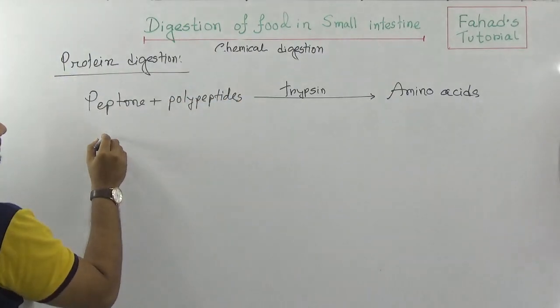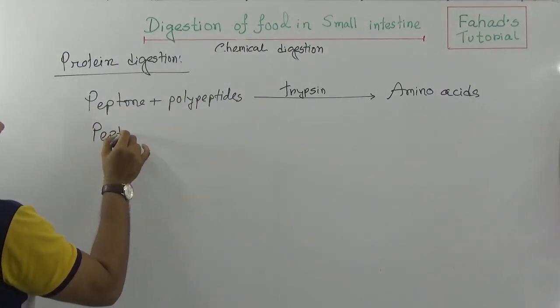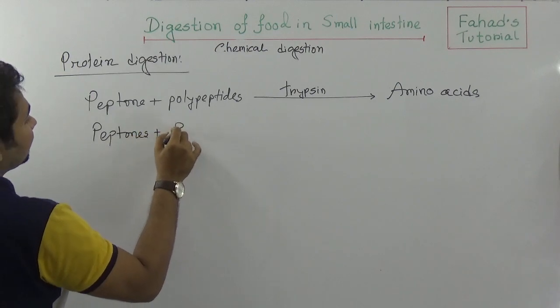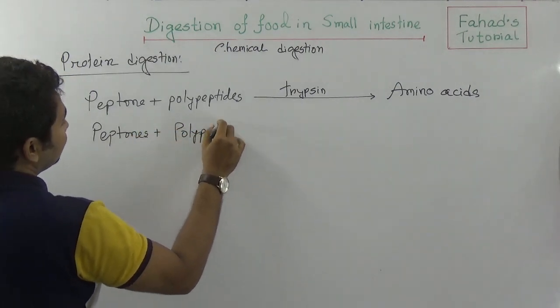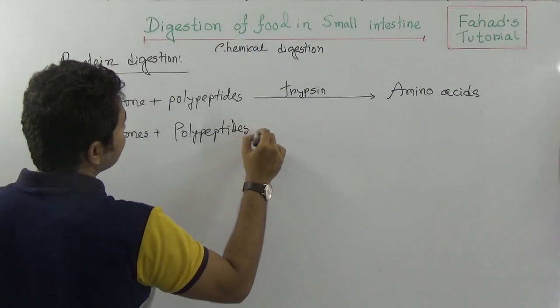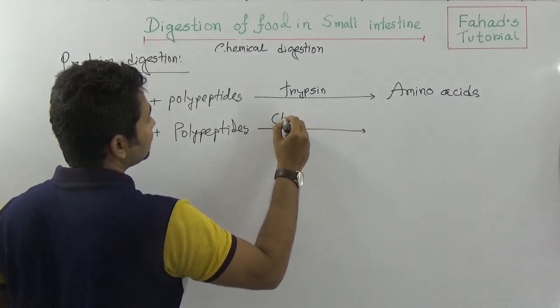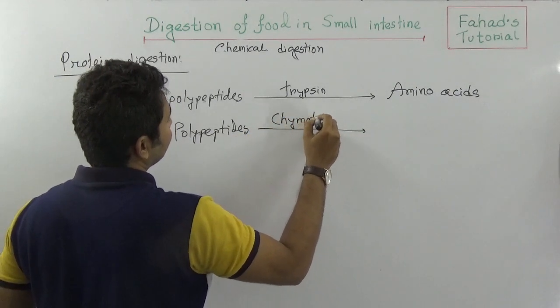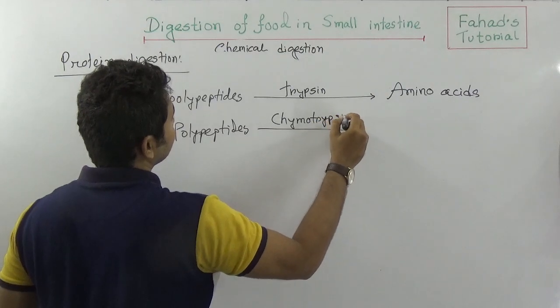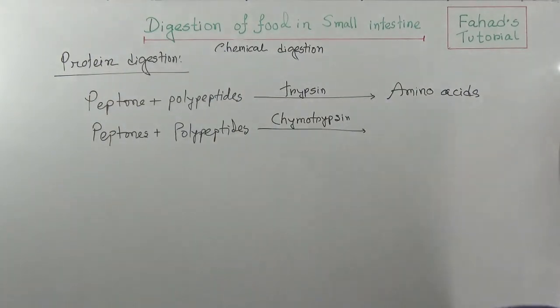Again, peptones and polypeptides with the activity of chymotrypsin, it will form what?